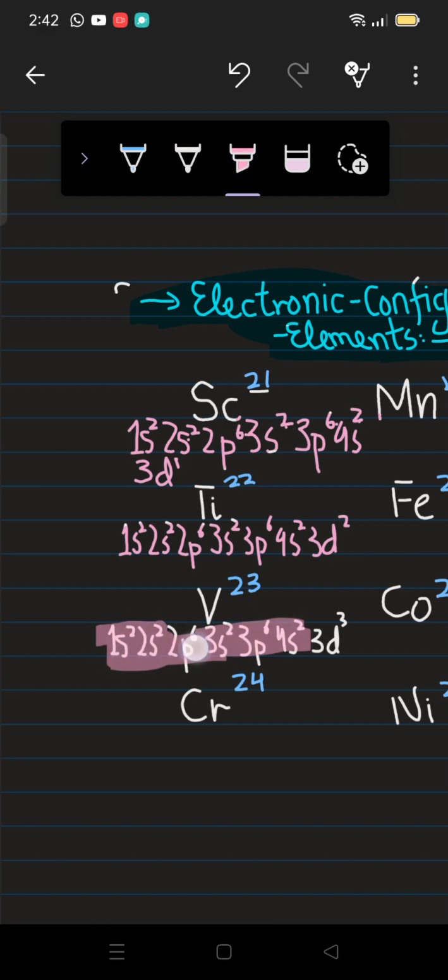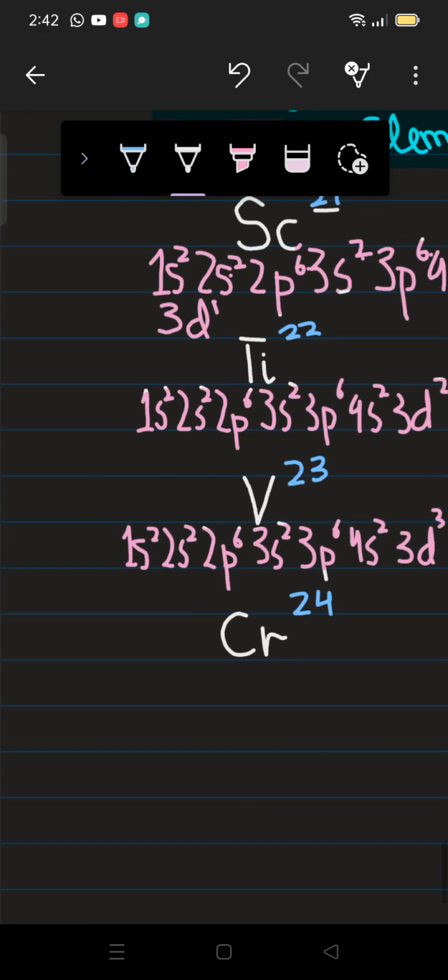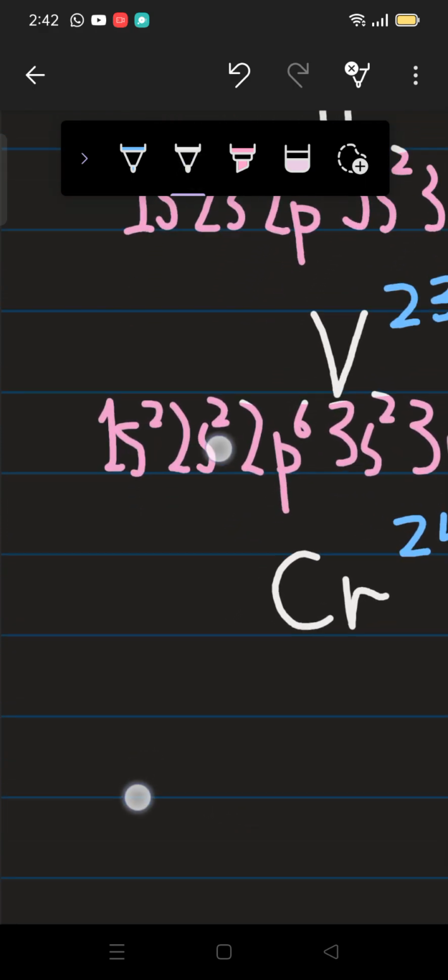As you can count as well, those electrons would be 23, right? 2 plus 2 is 4, 6, 10, 12, 18, 20, 23. Yes, these are 23. Now here we have one exception in chromium.